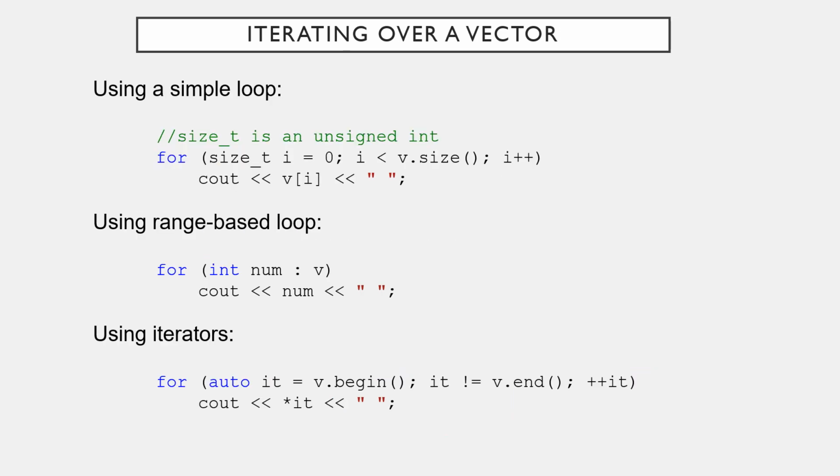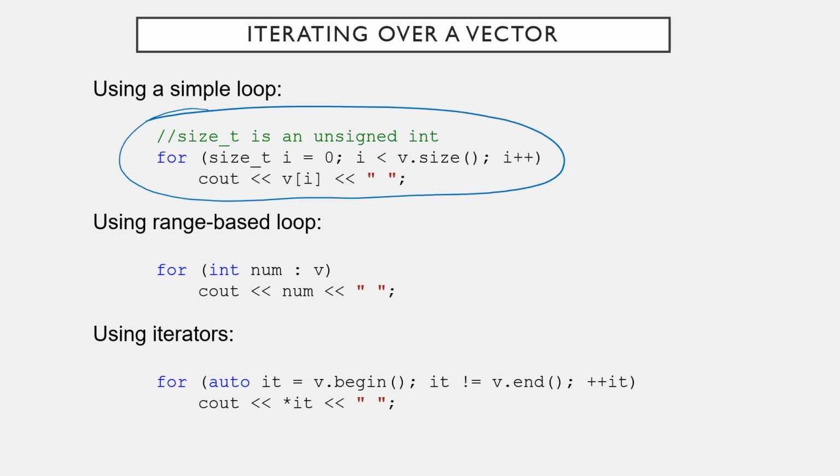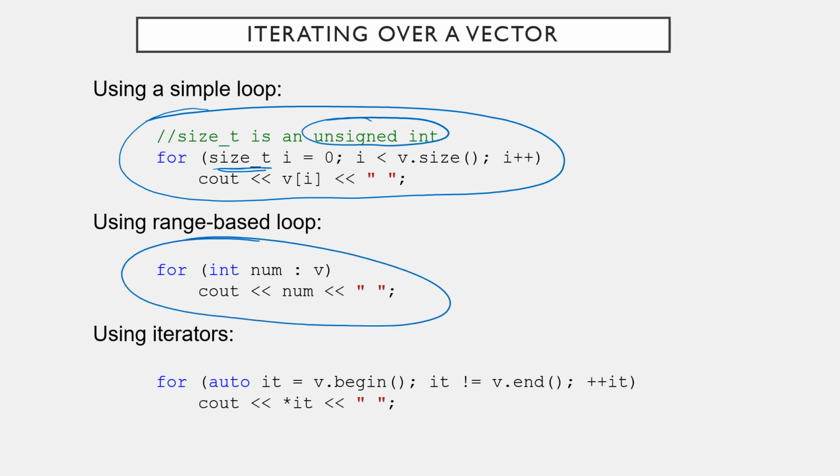To loop through a vector, you can use the same kind of loop that you use with an array. The difference is, there's no difference. This size_t just means an unsigned integer. You could use int there as well. You can use a range-based loop, perfectly fine. Or you can use iterators.